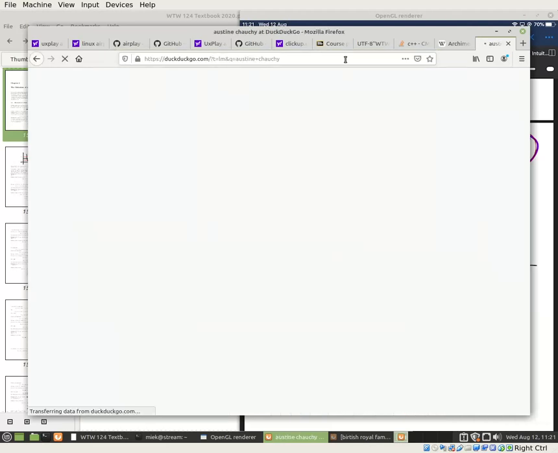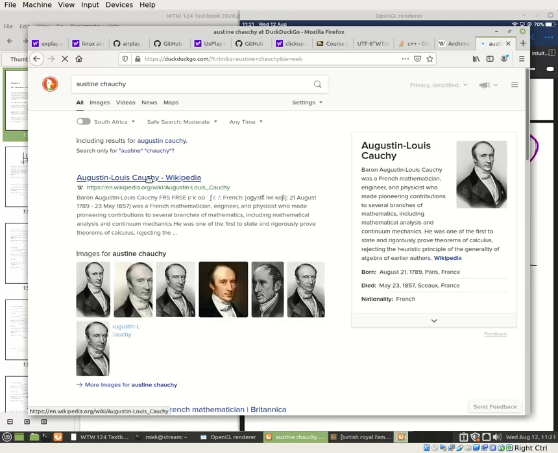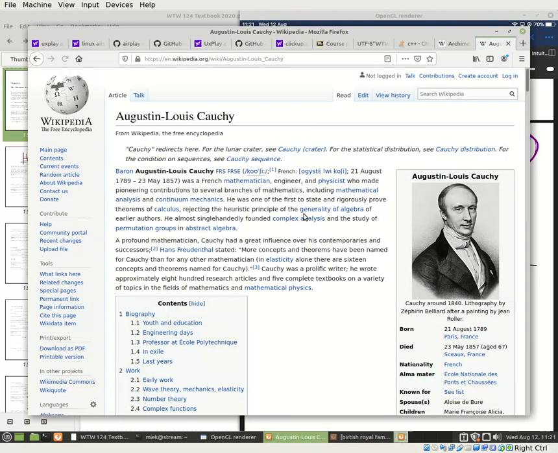He was a French mathematician, and he was one of the first people to start working with a rigorous definition of limits. But still, he actually made very, very crucial mistakes in working with limits and in developing the theory of analysis.